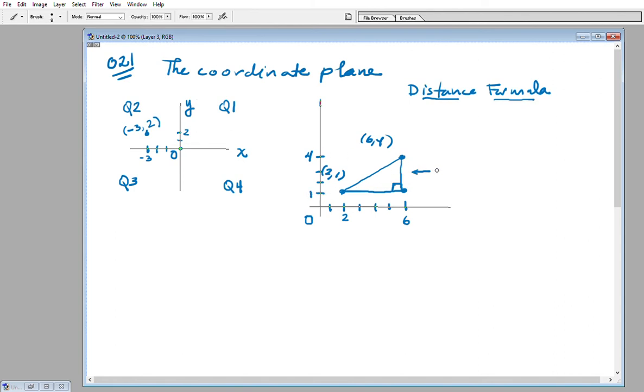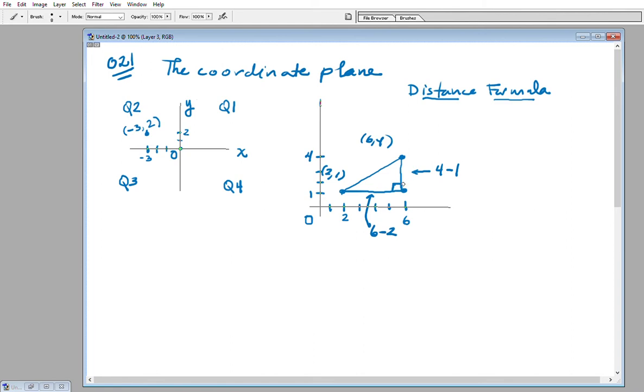So this is 4 minus 1. And here, this length goes from x value 2 on the left to 6 on the right. So the length of the horizontal line would be 6 minus 2. I'm writing it in this subtracted form just so we can build up to the distance formula.